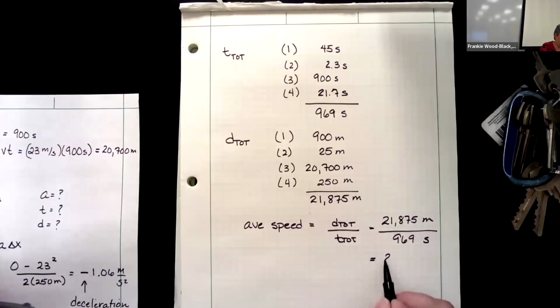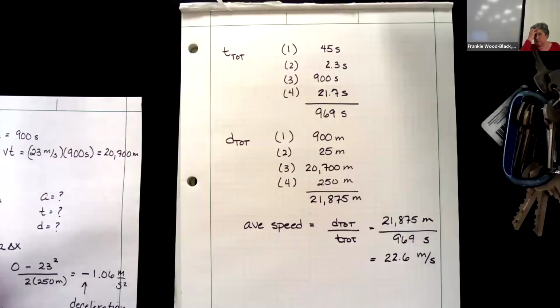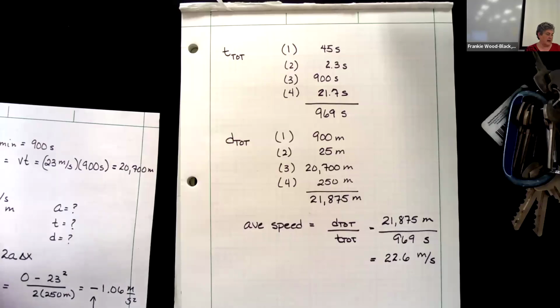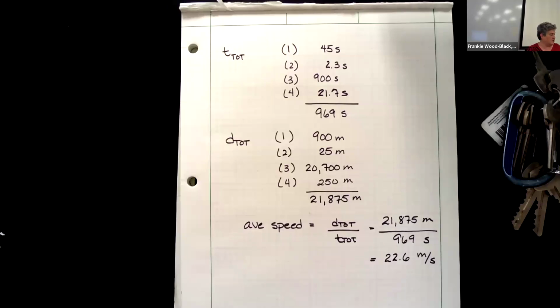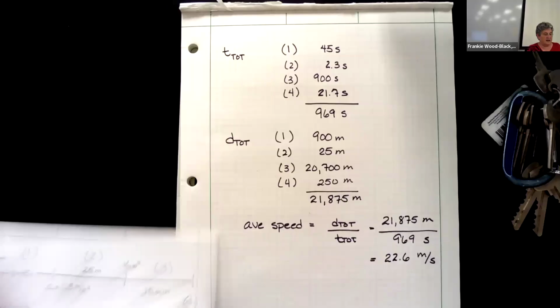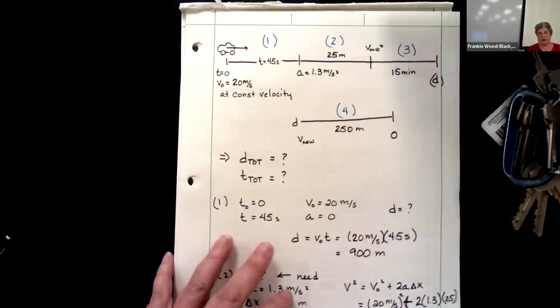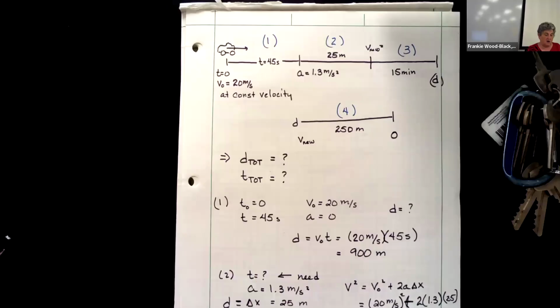And my average speed, and in this case it would also be the average velocity because we didn't change direction, is 22.6 meters per second. So this one was kind of pulling everything together and bringing it all out, as what started out to look like a very complex problem. We just had to break it up into its individual parts.